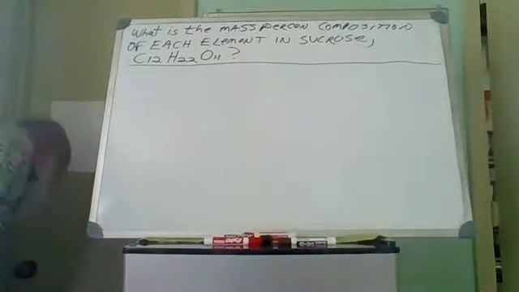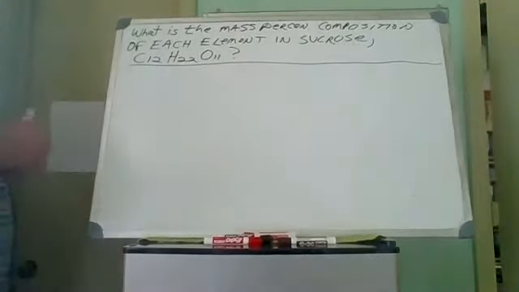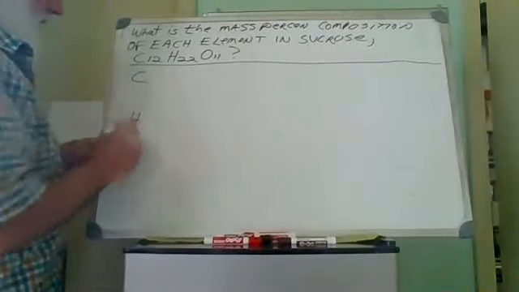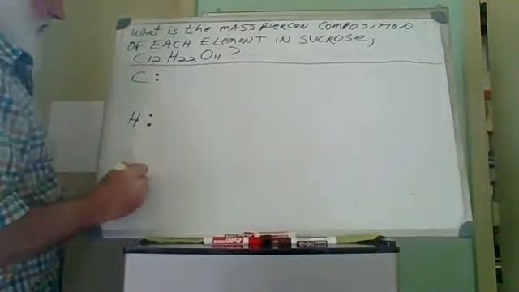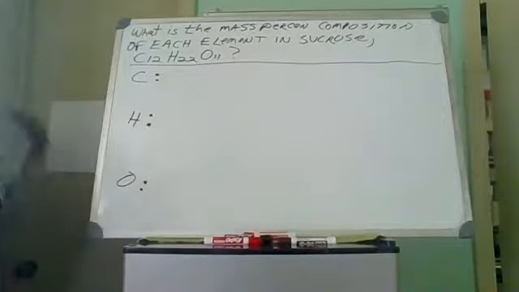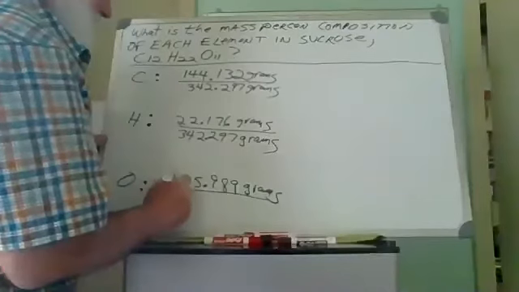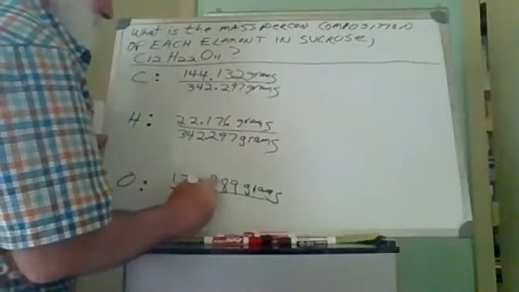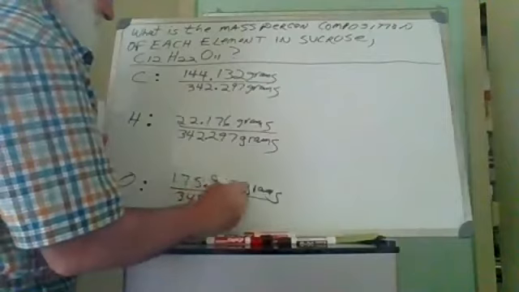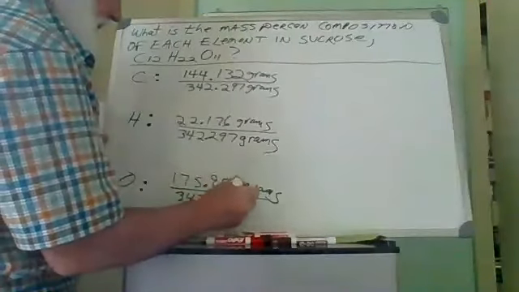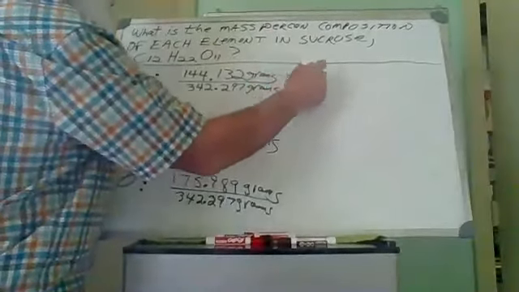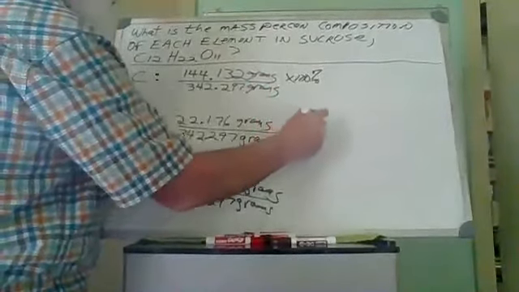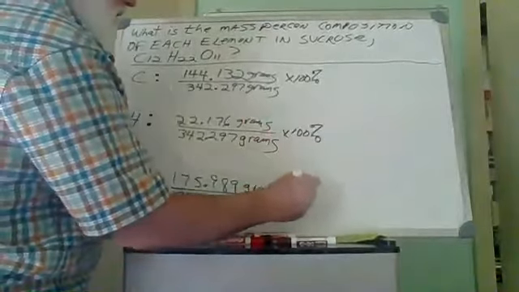All right. So let's do carbon, hydrogen, and oxygen, each divided by the molar mass, times 100%, and one more time.